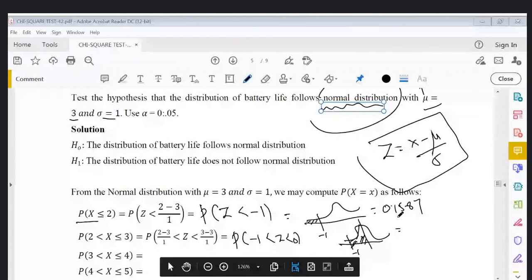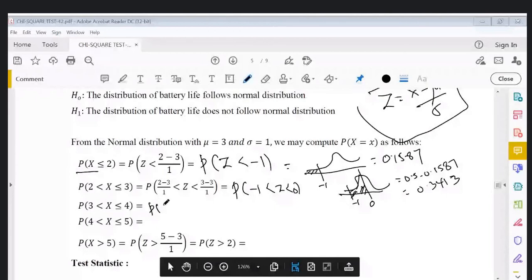What is the value? From 0 to 1. Okay, same the answer. This one, if you estimate, and this one same. 0.3413. Okay, from 5 to 4 to 5 is equal to 4 minus 3, 1, x is equal 5, 3 divided by 1.